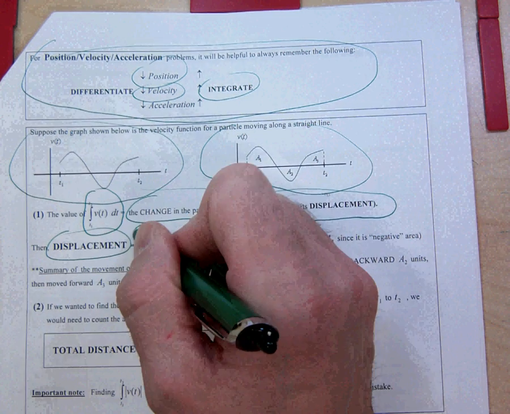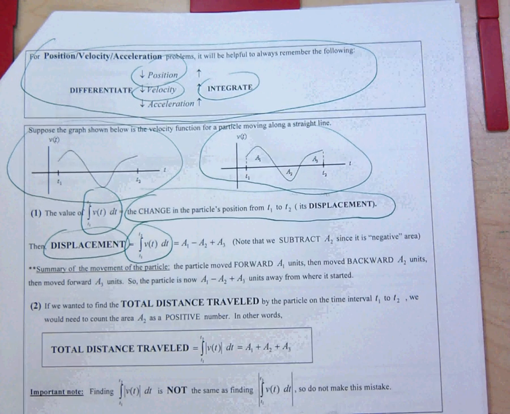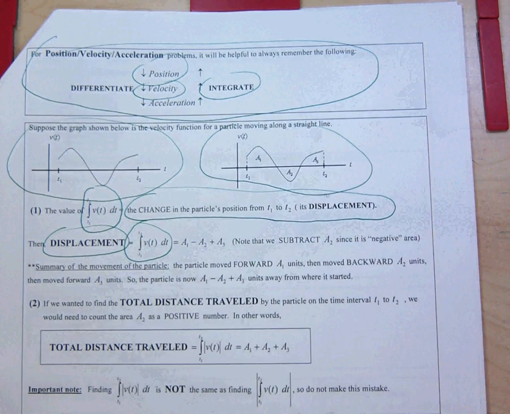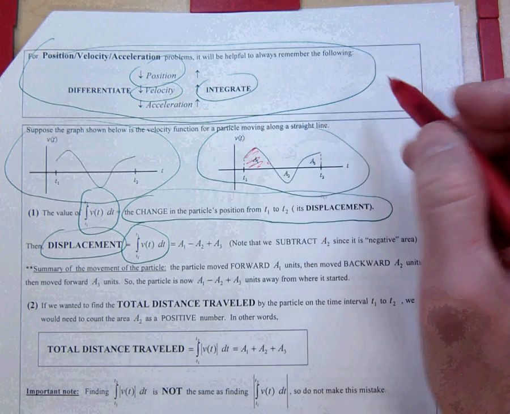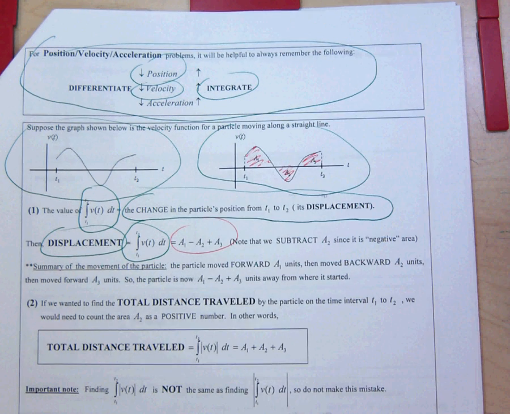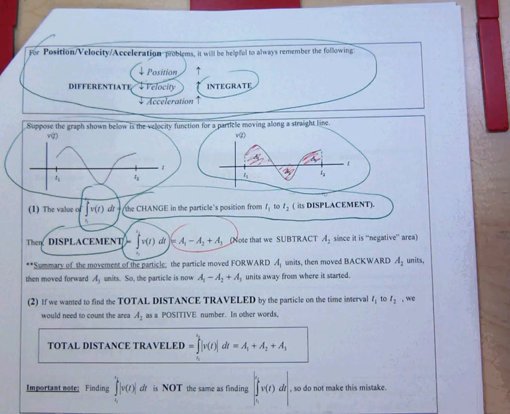So in this example, the displacement can be found by integrating the velocity on the time interval, which in this case would be finding this area, A1, subtracting A2, and then adding A3. Would everybody agree with that? Okay.